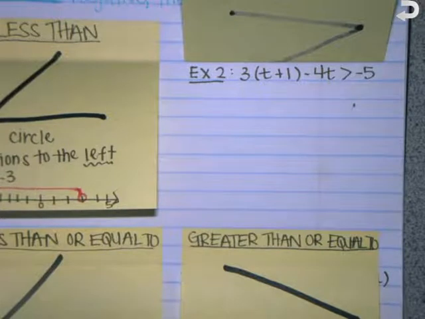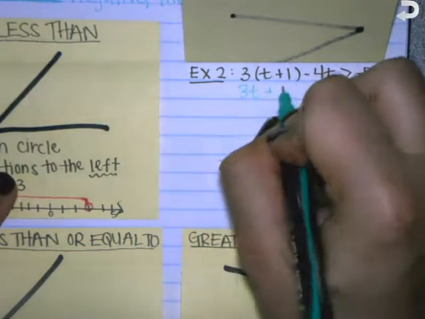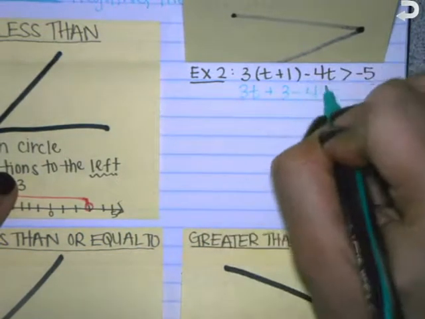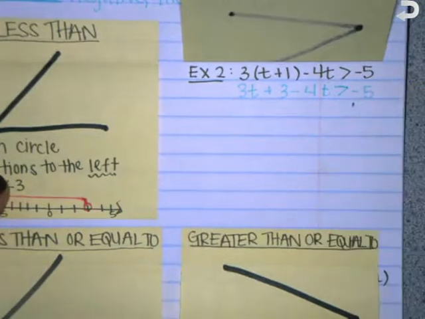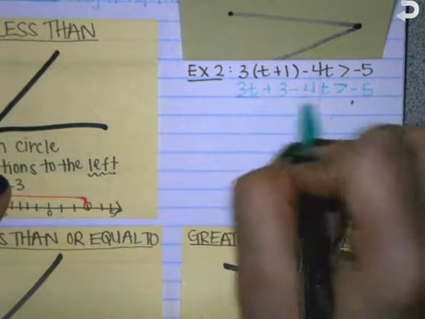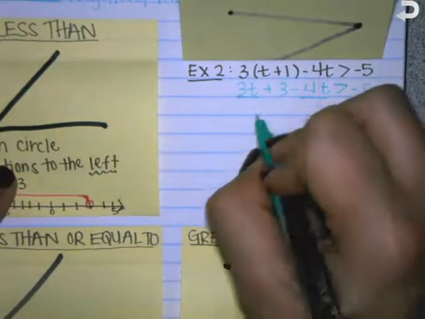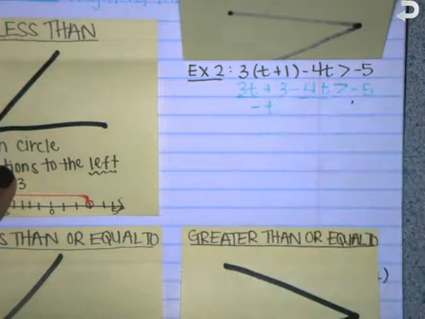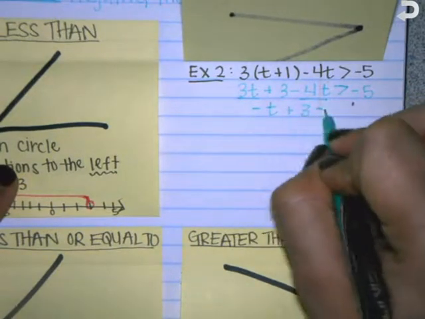So 3 times t would give me 3t plus what? Plus 3 minus 4t greater than negative 5. And then we would combine like terms. What's 3t minus 4t? Negative 1t, or you can write it as just negative t, plus 3 greater than negative 5.